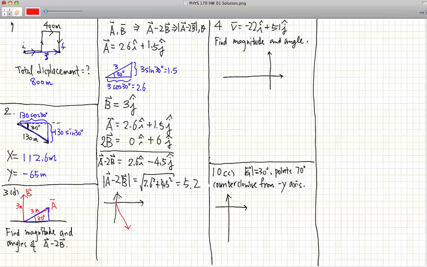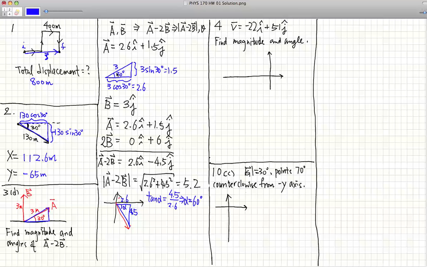We do what we always did: we identify a triangle. This triangle has a length of 2.6 on one side and 4.5 on the other side. You can call this angle alpha. Tangent alpha is 4.5 over 2.6, and if you use your calculator, that tells you that alpha is 60 degrees.